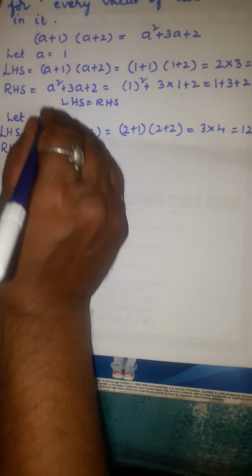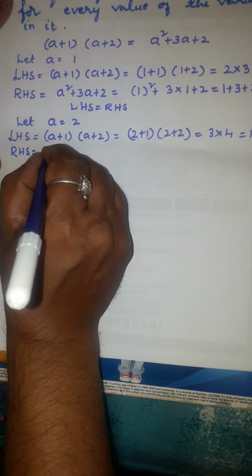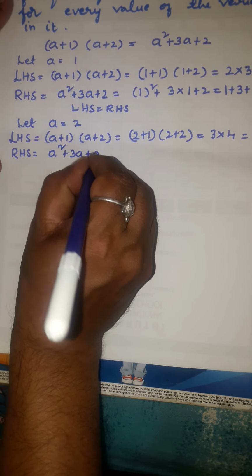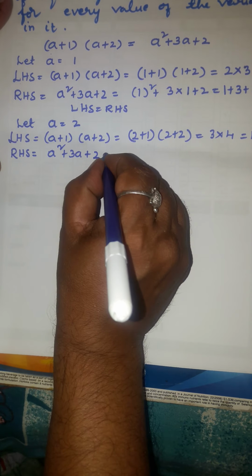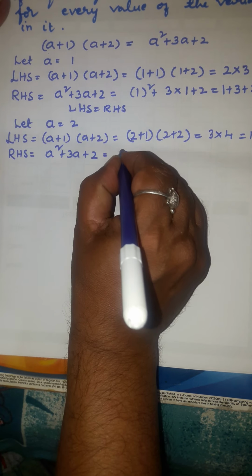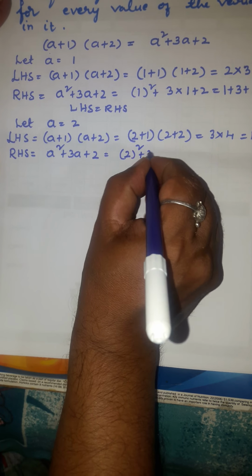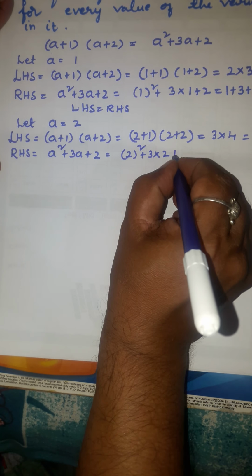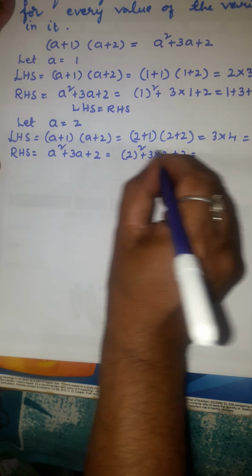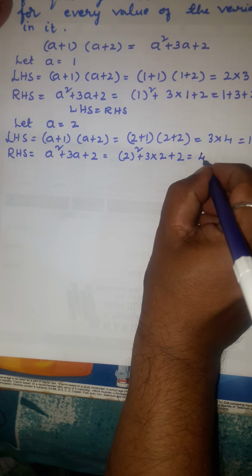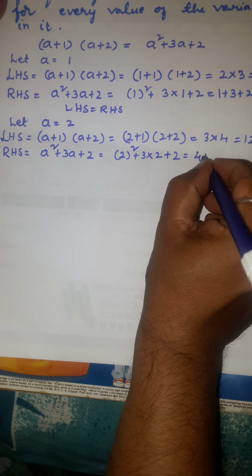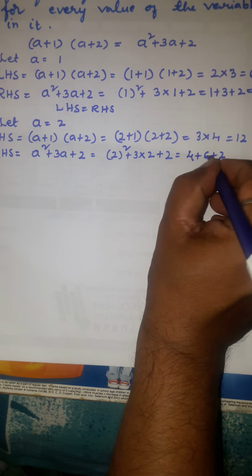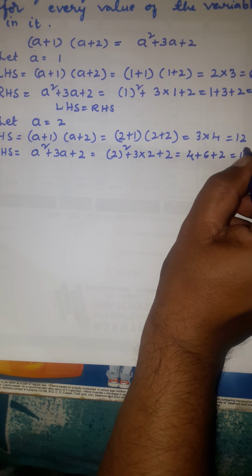So we have RHS: a square plus 3a plus 2. This is the RHS side. So a means 2: 2 whole square plus 3 into 2 plus 2. So 2 square means 4. 3 into 2 is 6. 6 plus 4 is 10. 10 plus 2 is 12.